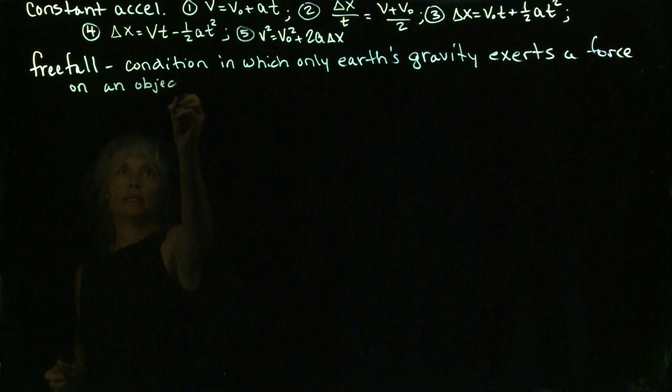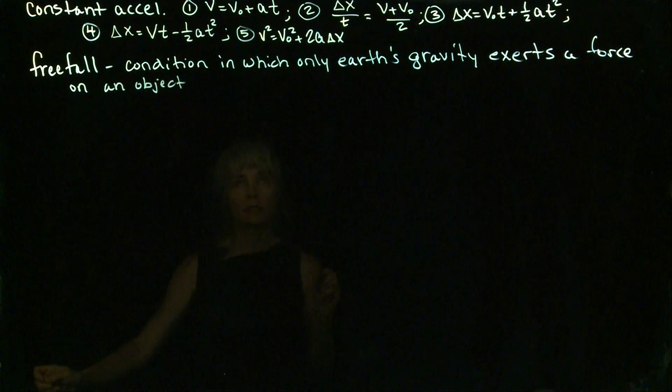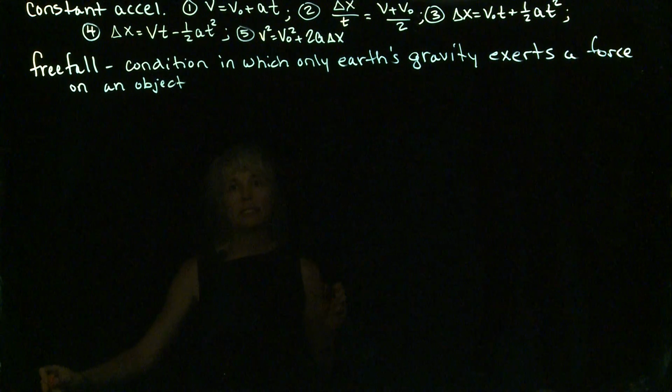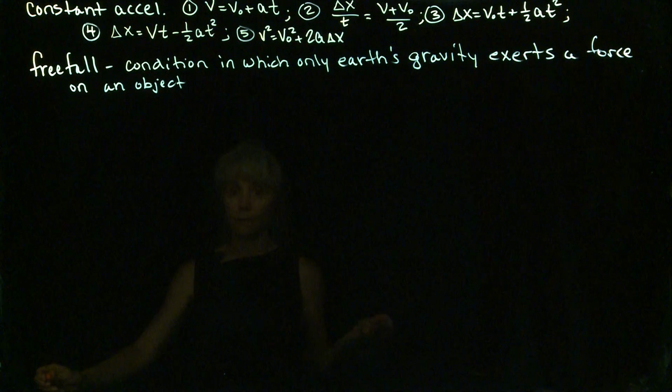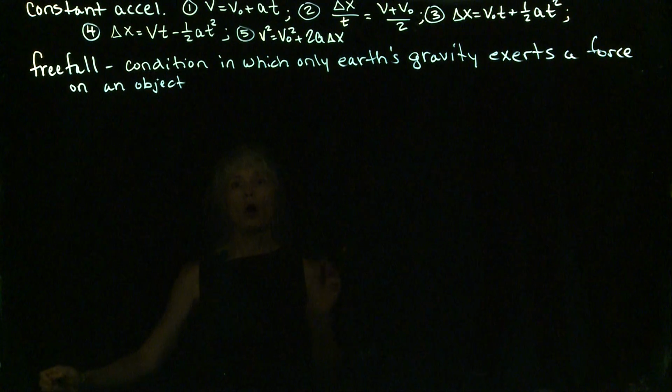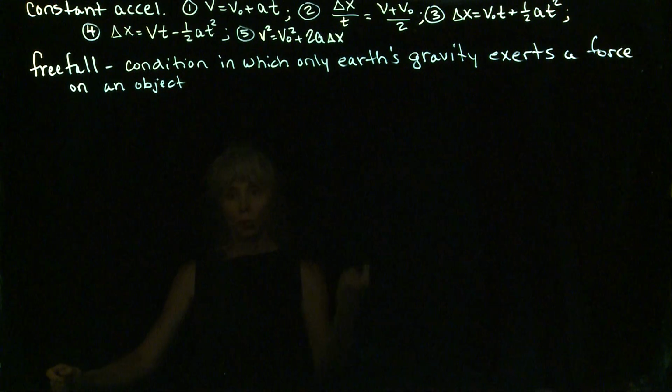No other entity is exerting a force on the object except for Earth's gravity. When this is true, the object is in a state of free fall. So anytime henceforward I say free fall, you know that the only force acting on the object is the Earth's gravity, the pull from the Earth.